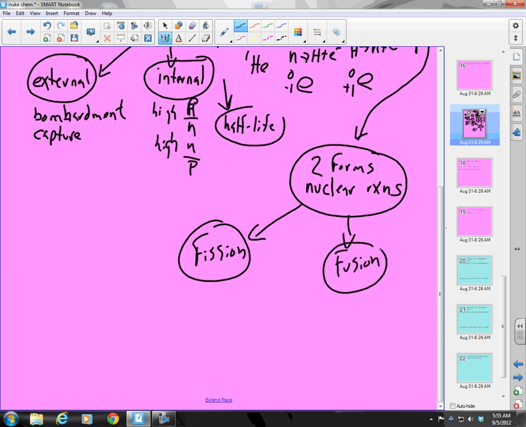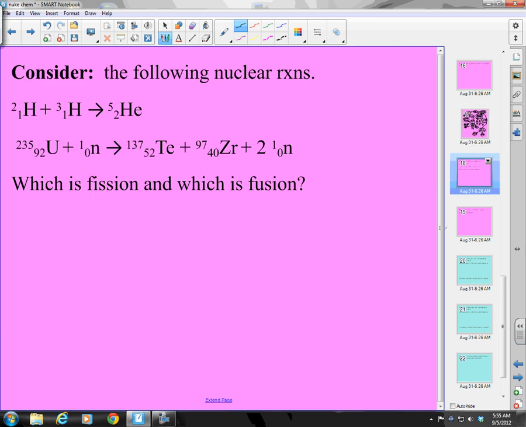Okay, so if we look at our next consider, here it is. Consider the following nuclear reactions. I've got hydrogen 2 plus hydrogen 3 yielding helium 5. We call hydrogen 2 deuterium. We call hydrogen 3 tritium, and it forms helium 5.